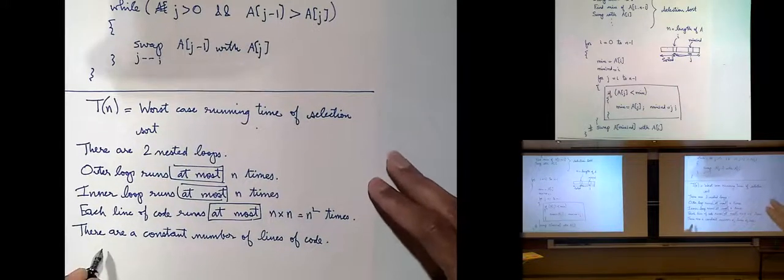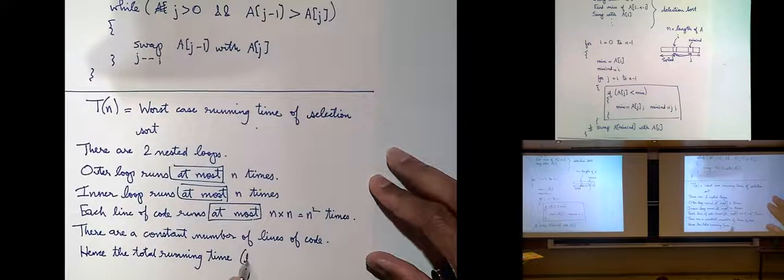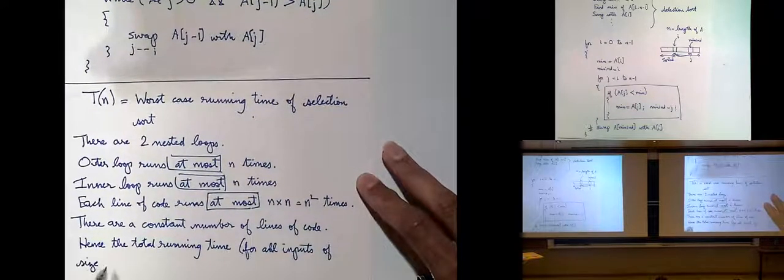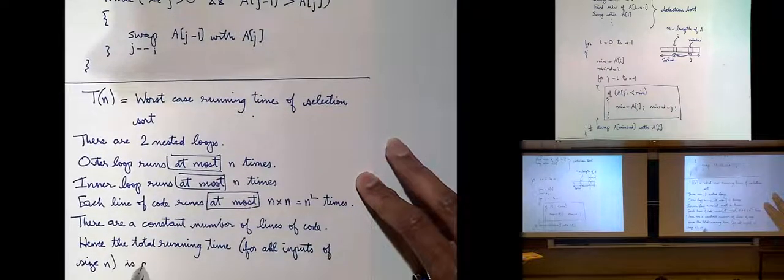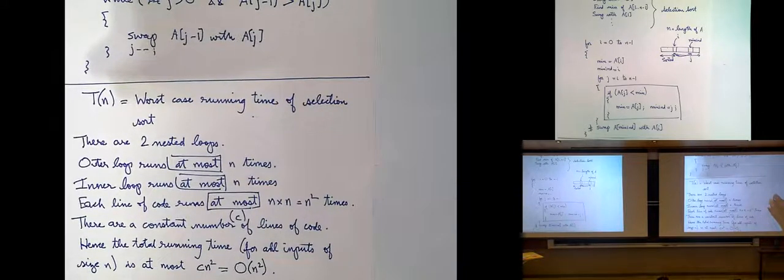The constant number of lines of code, hence the total running time for all inputs of size n, let me call this constant c, is at most c n squared, which is equal to O of n squared.